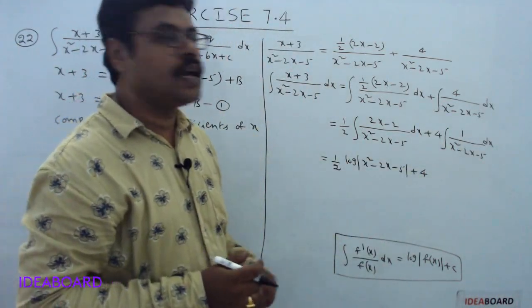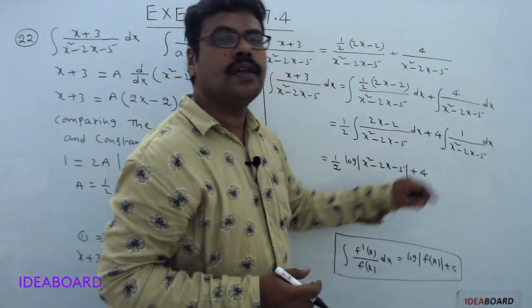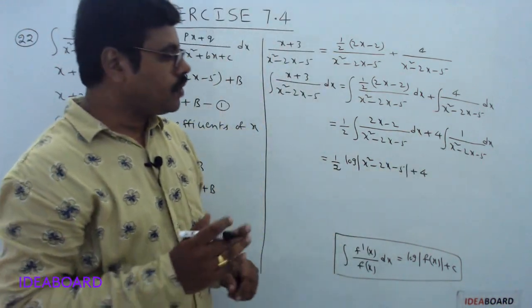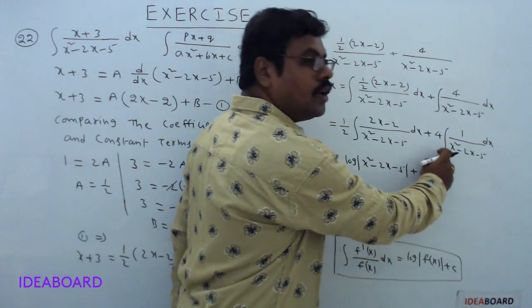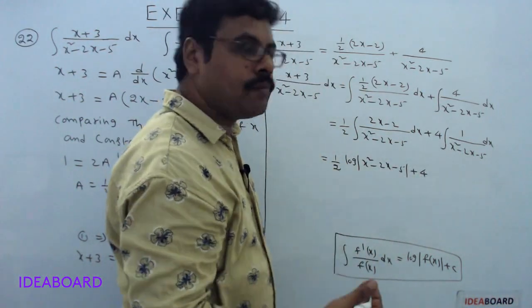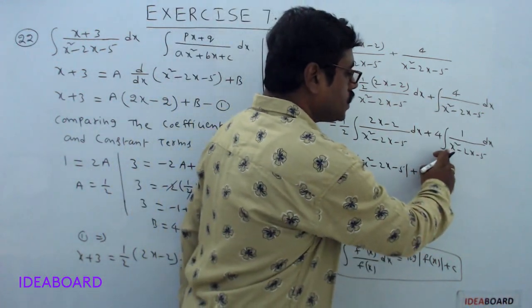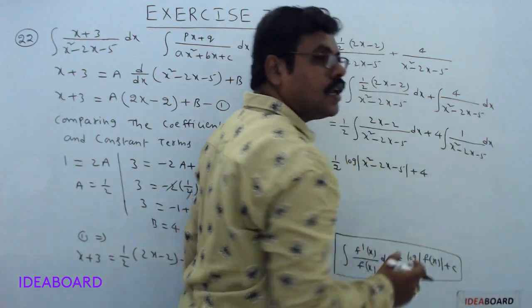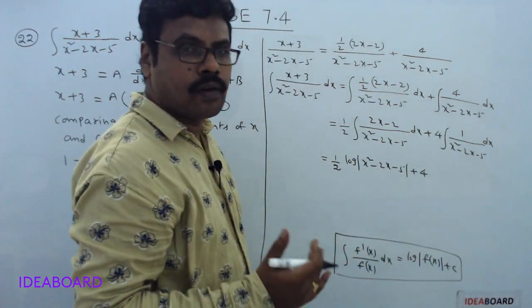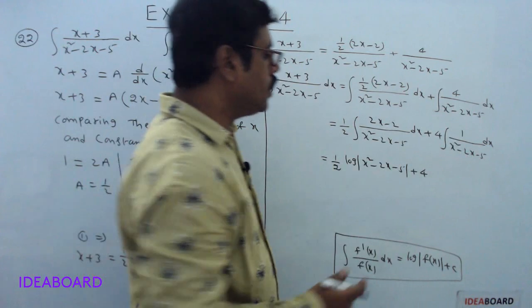Now what is the procedure to evaluate this type of integral? First, make the x² coefficient unity. After making the x² coefficient unity, make the denominator expression a perfect square. Now use that procedure on the second term.